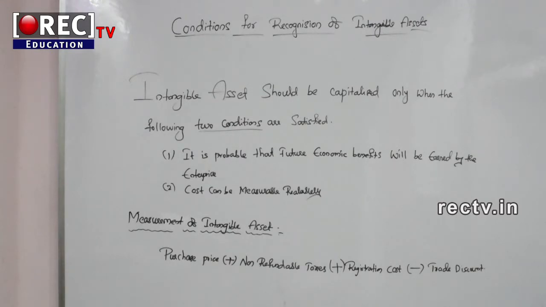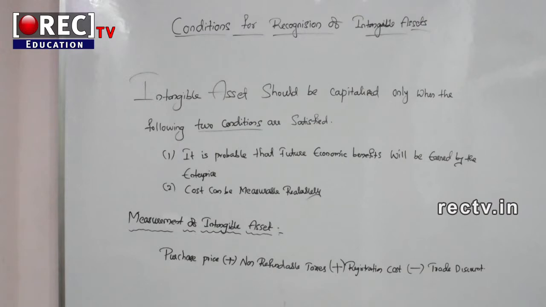So whatever the enterprise, it should be probable that future economic benefit will derive from that intangible asset. And what is the meaning of probable? It means there is more than 50% chance that future economic benefit will be derived from the intangible asset. And the second condition is that the cost can be measured reliably.